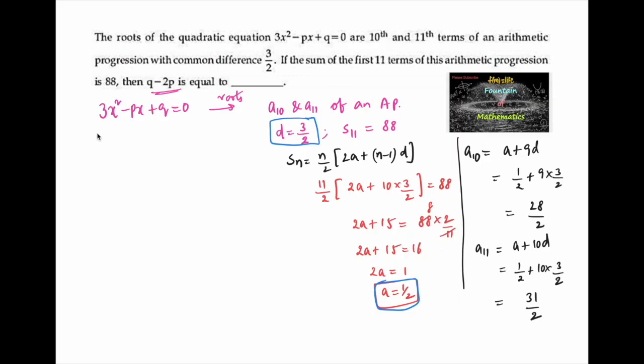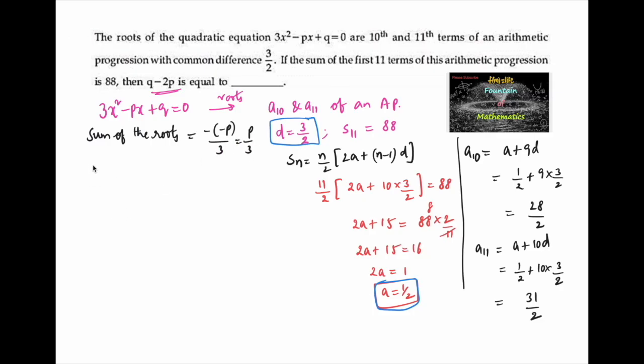So let us consider the quadratic equation whose sum of the roots is minus b by a, so that is minus of minus p divided by 3, we can write p by 3.